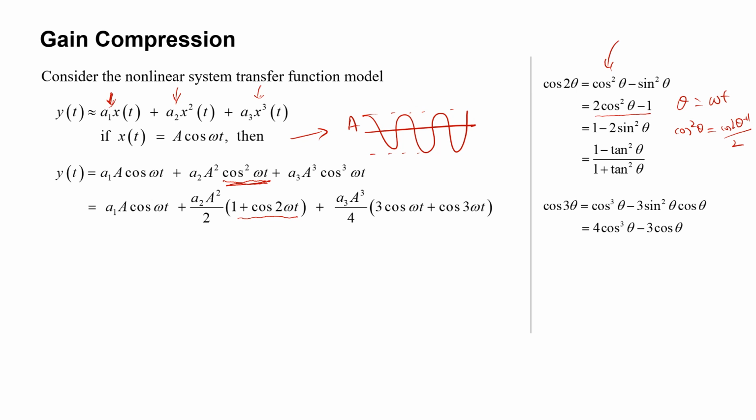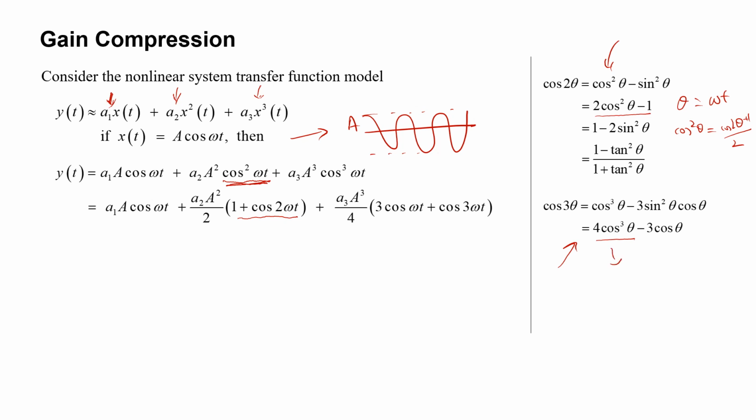Similarly, a3 a cube cos cube omega t can be derived from this trigonometric identity, where we have 4 cos cube theta minus 3 cos theta is equal to cos 3 theta.